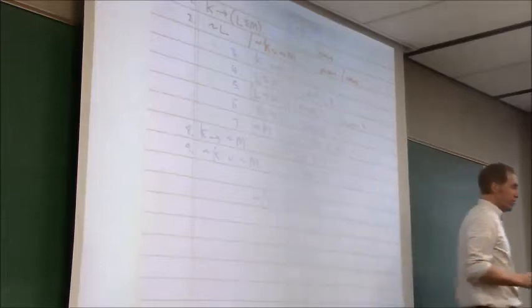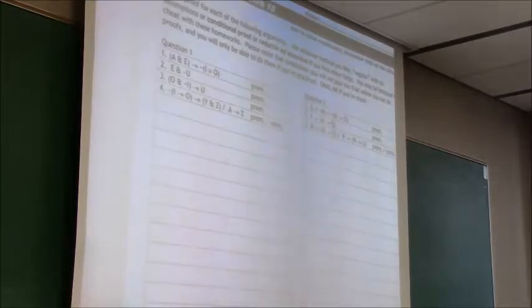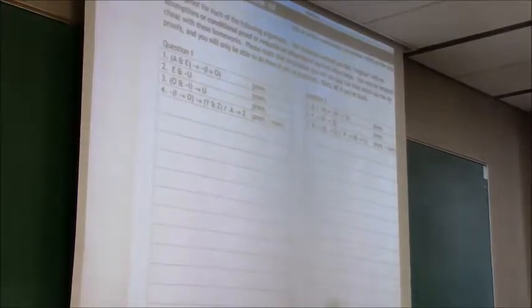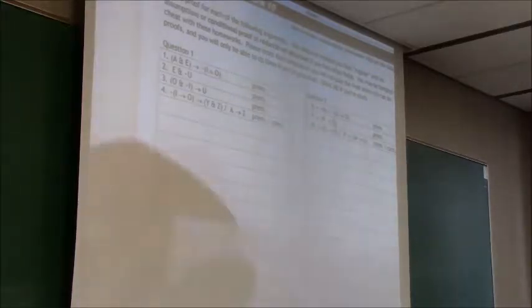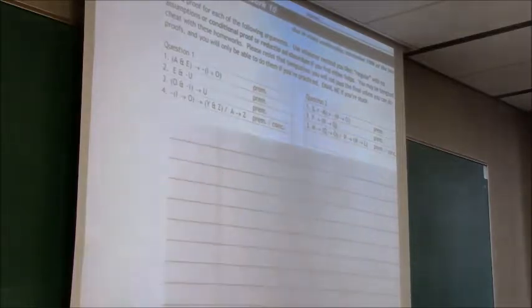Another couple of points about conditional proof. Look at your homework again. Let's look at question 2. Obviously you could do conditional proof to prove this.